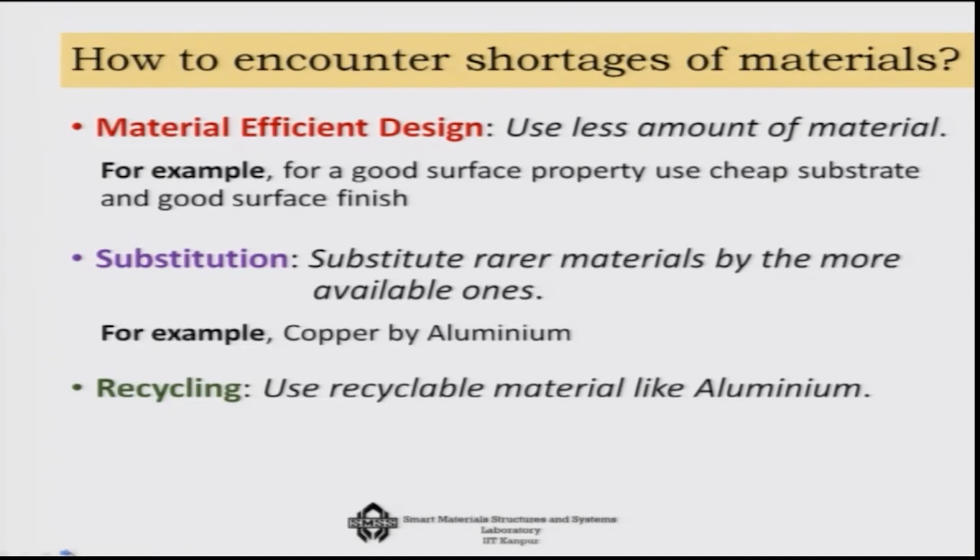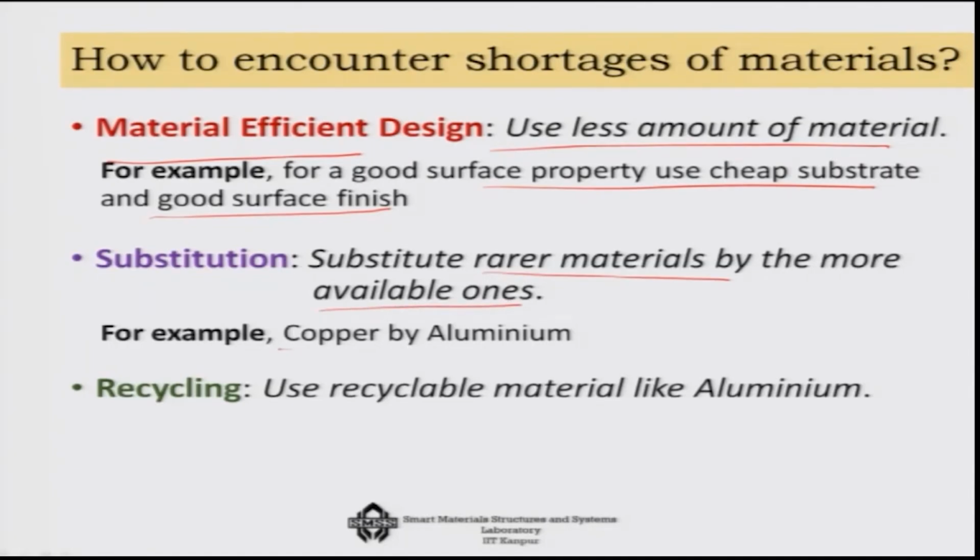How to encounter shortages of materials? Well, first of all you have to go for a material efficient design, that means use less material. For example, for a good surface property use a cheap substrate and a good surface finish. So, you have to have certain tricks for more material efficient designs. Substitution: substitute rarer materials by more available ones.